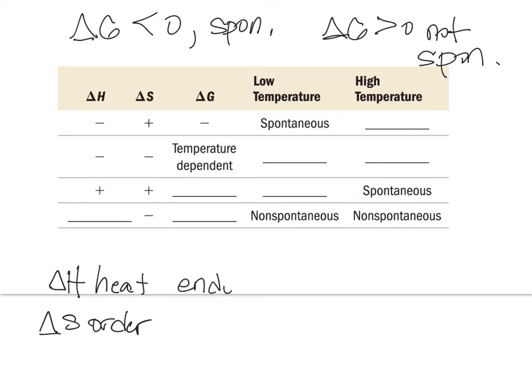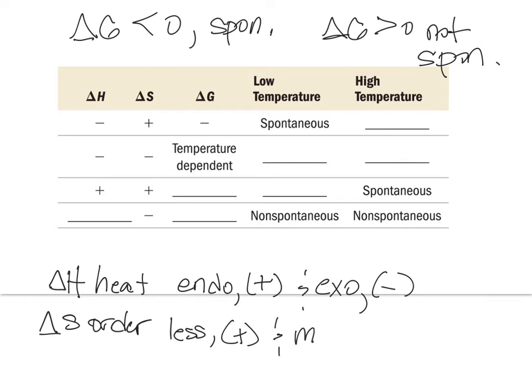Remember, for endothermic, delta H is positive, and for exothermic reactions, delta H is negative. For something becoming less ordered, delta S is positive, and more ordered, delta S is negative.